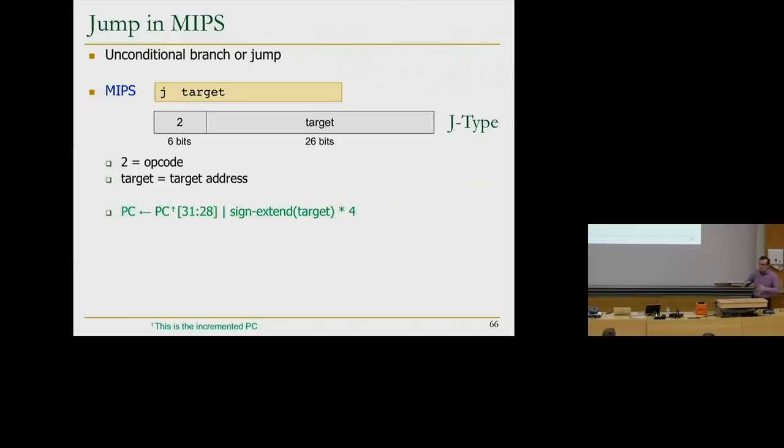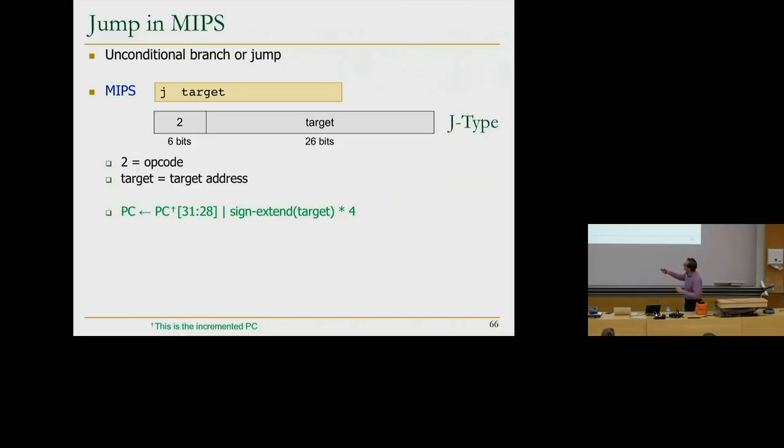The target address computation is a little bit more complex than just taking this target address. Basically, you take the program counter's top 4 bits. You need to be careful because this is really the incremented PC. It's not the program counter of this instruction, but the program counter of the next instruction. That's by convention again.